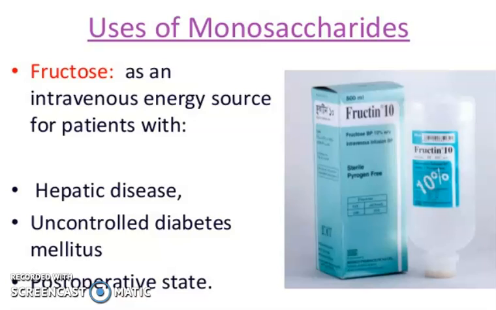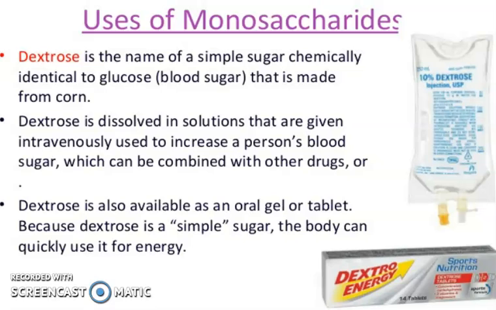Now fructose is used as an intravenous energy source for patients with hepatic disease, uncontrolled diabetes mellitus, and postoperative states. Now, dextrose is the name of a simple sugar chemically identical to glucose, blood sugar, that is made from corn.